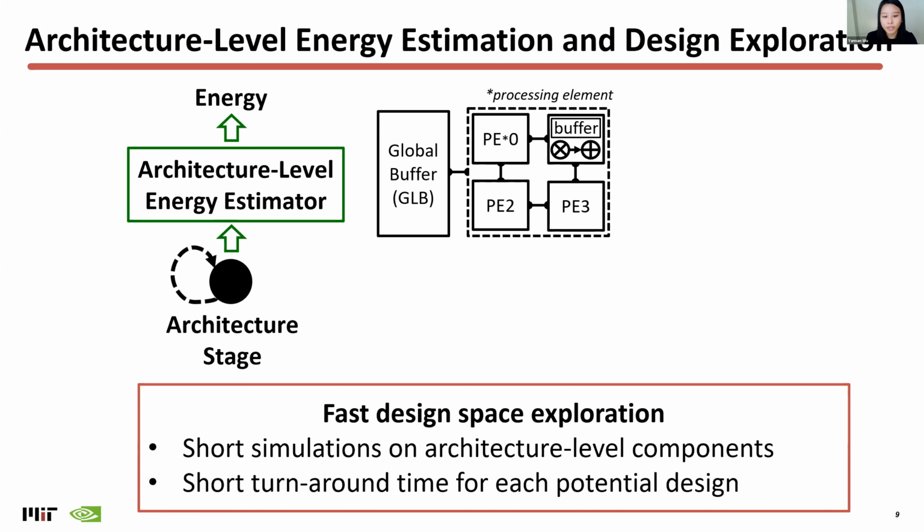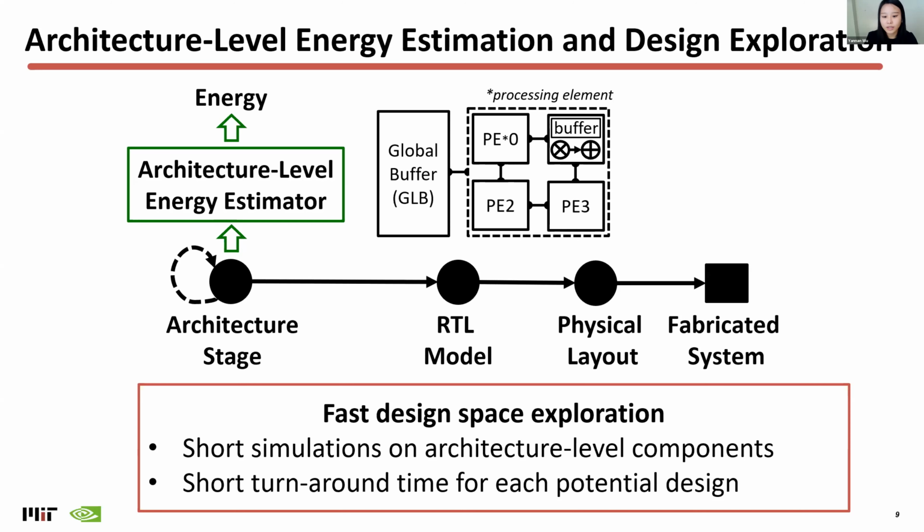And furthermore, we can basically iterate through all the potential designs right at the architecture stage without generating any RTL model for them. This results in much shorter turnaround time for each evaluation of a potential design, and both factors contribute to a faster design space exploration. So once we have arrived at the most energy efficient design, we'll then go ahead and implement the RTL model, physical layout, and finally fabricate it into a chip. As we have mentioned, our Accelergy tool belongs to this category of architecture level energy estimator.